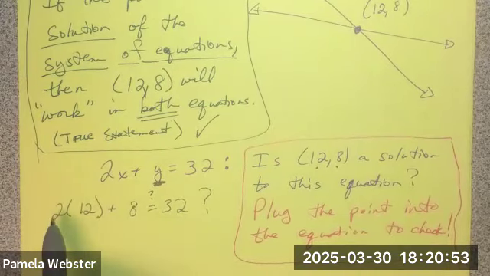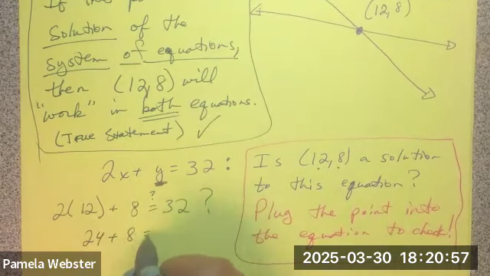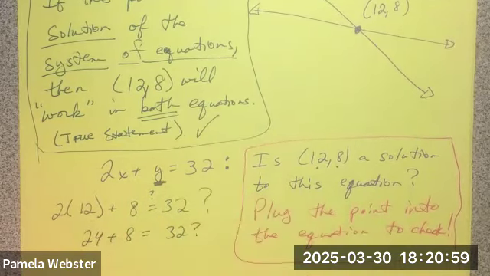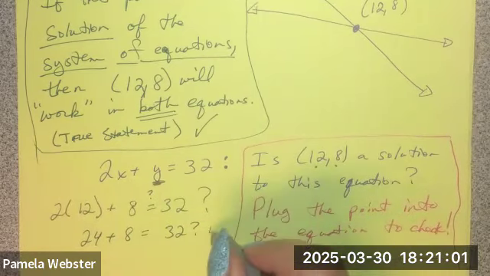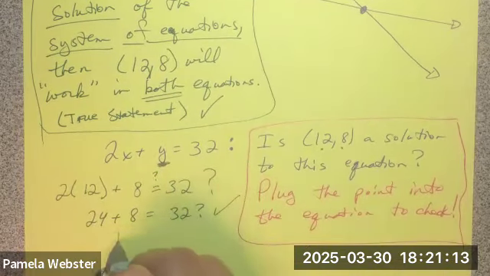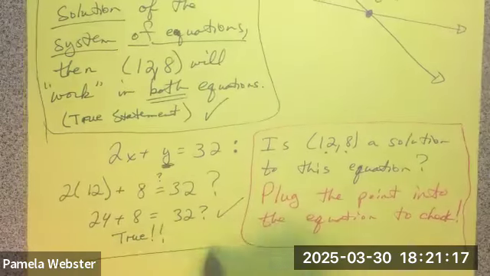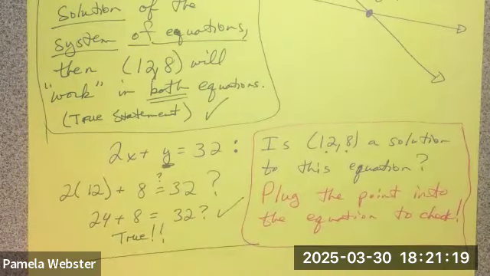So 2 times 12 is 24, plus 8 equals 32. And hey, yeah, that does work. Check. So I'm checking this point inside of that one equation. If it gives me a true statement, I'm going to write "true" right here. If it works, then hey, we're good.